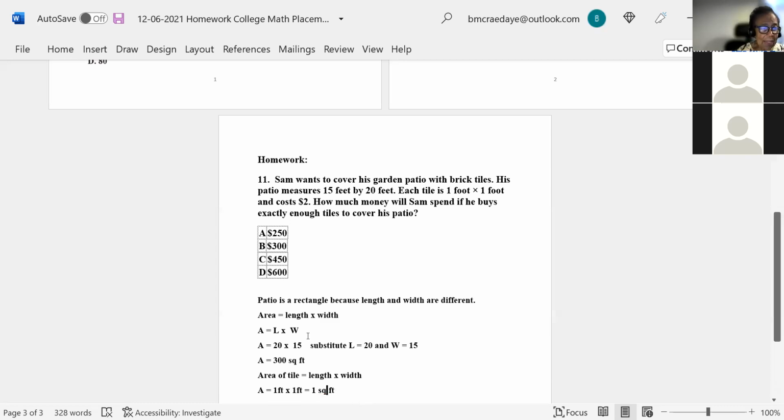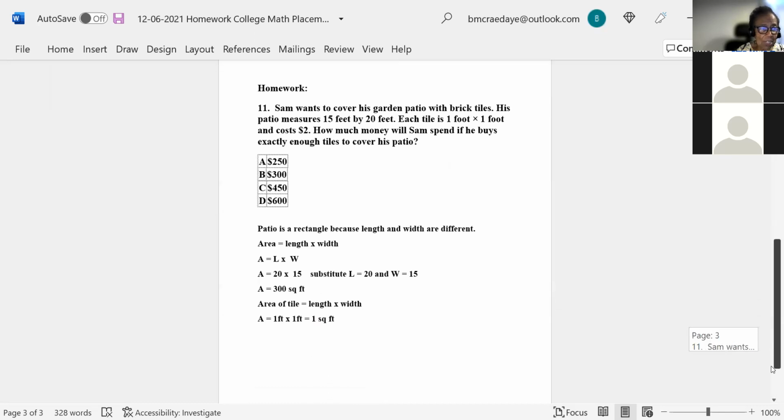So what do we do next, Maureen? We're trying to find how many tiles we need, and then we can figure out what we pay for those tiles. The area of the patio is 300 square feet. Each tile that we're using to cover this patio is 1 square foot.